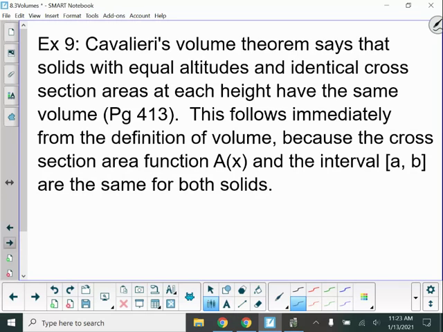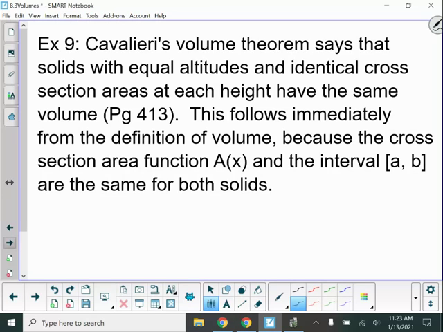So if you have your solids and they have the same altitude, it doesn't matter if they're leaning or completely straight up and down, as long as their heights are the same. Your altitude is going to be your perpendicular height, and their cross-section area is the same. Then they have to have the same volume.